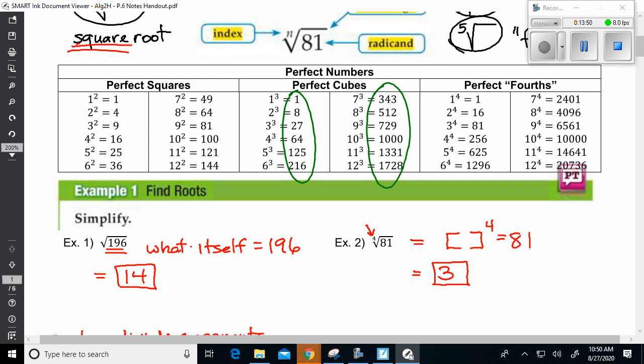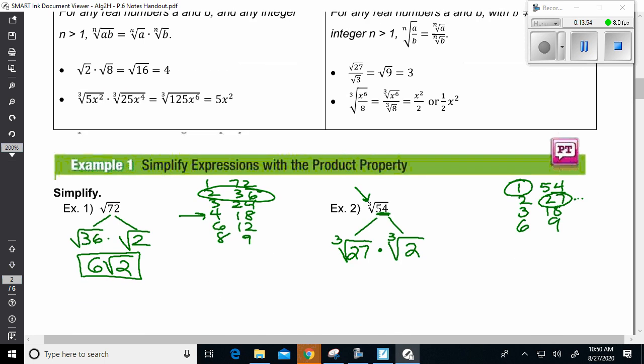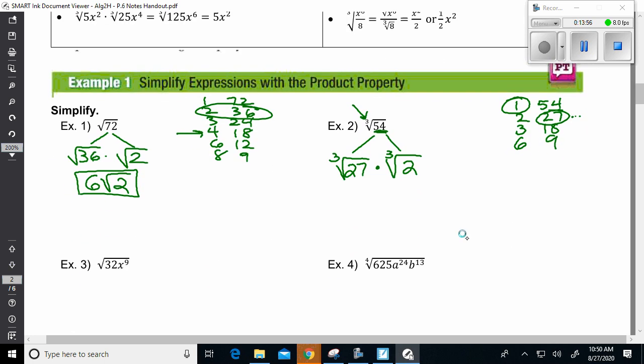Again, for some of you, you're going to have to review perfect squares and perfect cubes. Because if I'm going to use the 27, I have to use the 2 that was with it. I circled 1 and 27 because those are perfect cubes, but you have to select the biggest one.